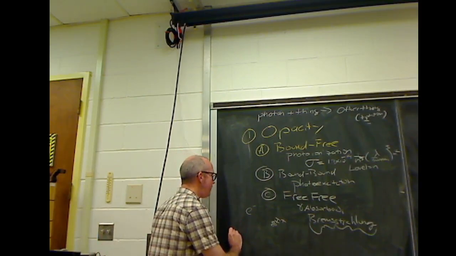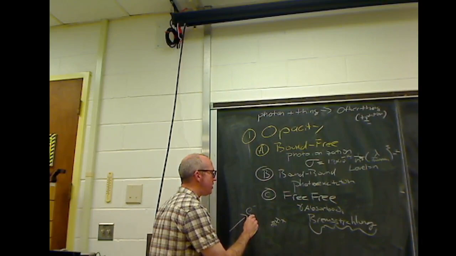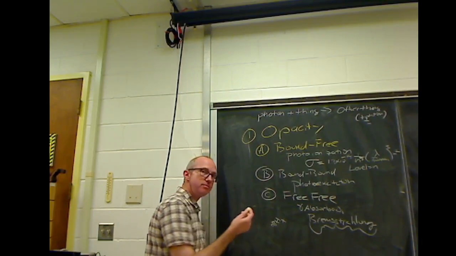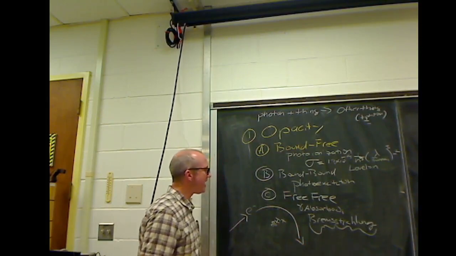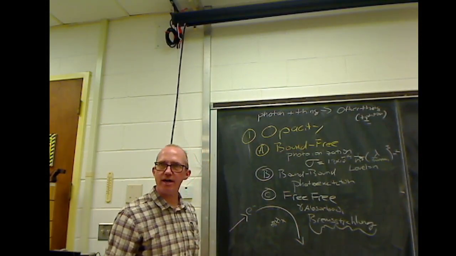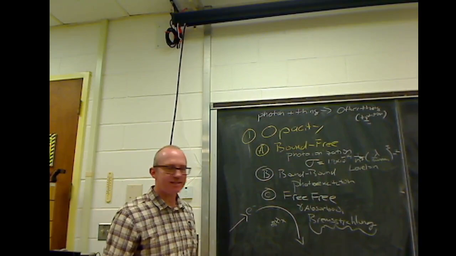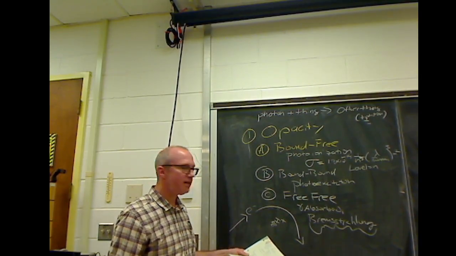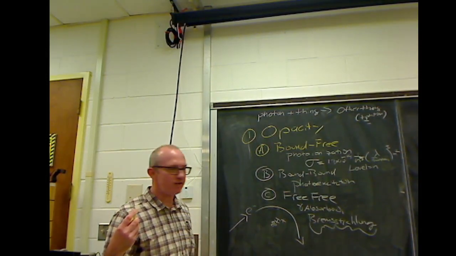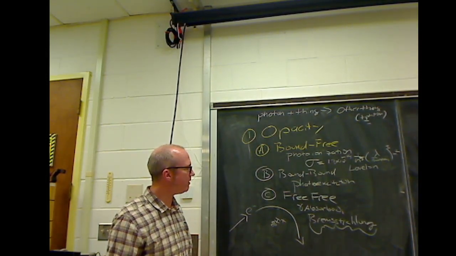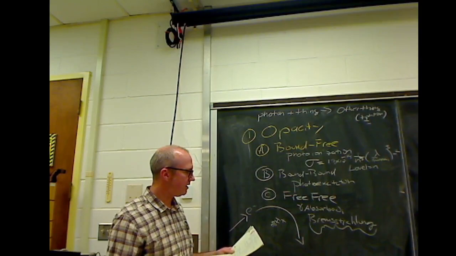The photon hits the electron, gets absorbed, and the electron scatters off this way. It's got to be done in the presence of an ion, because otherwise you can't conserve momentum and energy. There's quantum mechanics involved, and I'm not going to go too deep down that road.